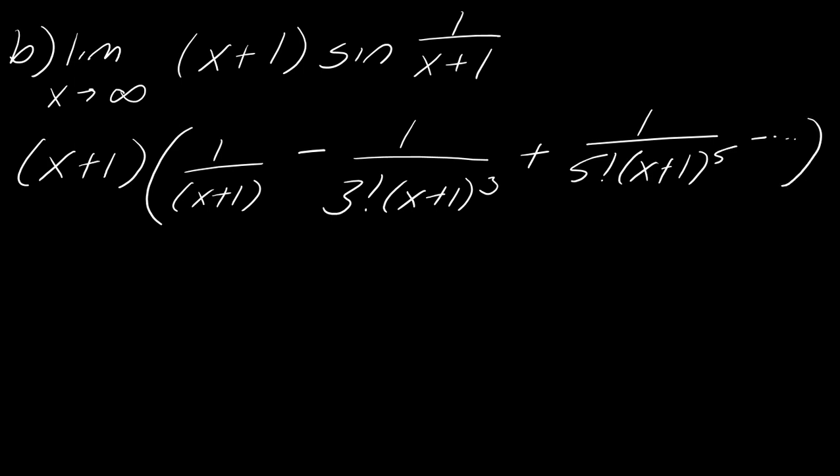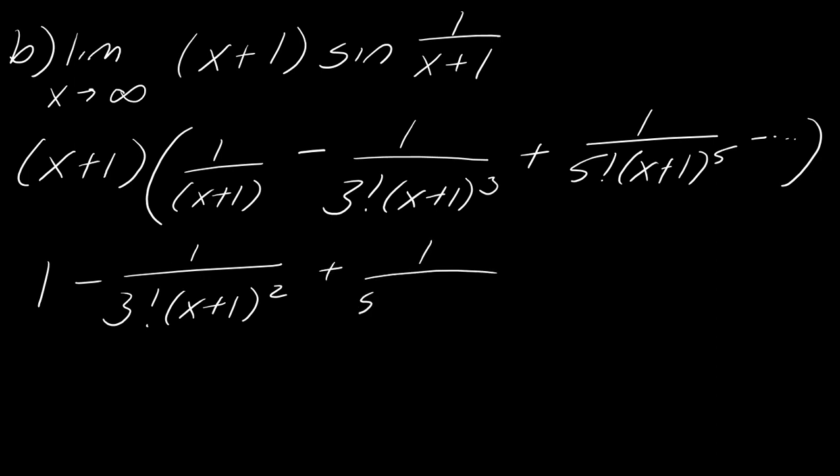Now if I distribute this x plus 1 in, you can see why this is going to work out nicely. So I'm left with 1 minus 1 over 3 factorial times x plus 1 squared plus 1 over 5 factorial times x plus 1 to the 4th, and so on and so forth.